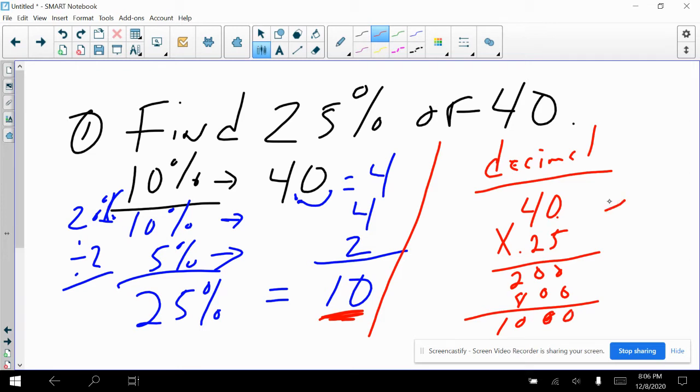Okay, we look back up in our factors. We have 2 decimal places to the right, and we have 0 here. So again, if you recall, we start over on the right, we move the decimal 2 places to the left, and that ultimately is our answer of 10 as well. Okay. Either way is acceptable. It doesn't matter.